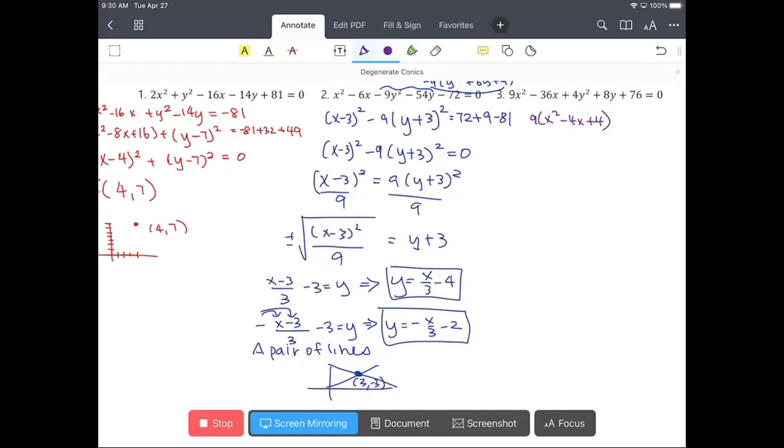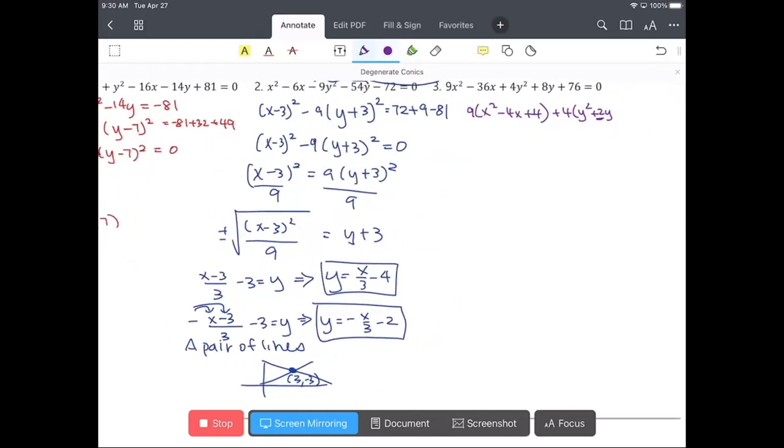So we have plus 4 times (y squared plus 2y), but half of 2 gives us 1. 1 squared gives us 1. Subtract 76 on both sides. We have plus 36, so we must add 36 on the other side. Plus 4, so we're going to add 4 on the other side as well.